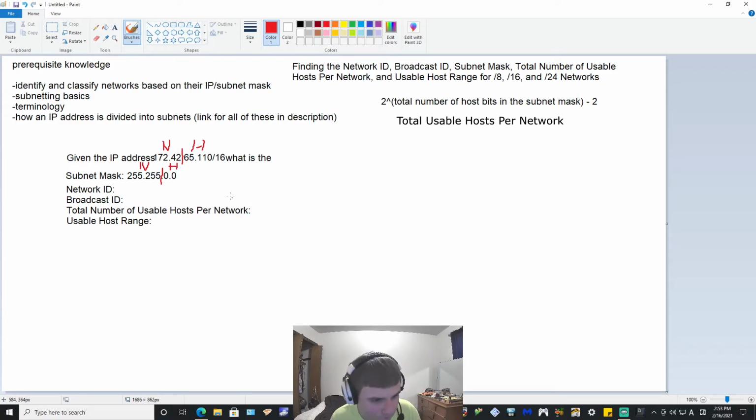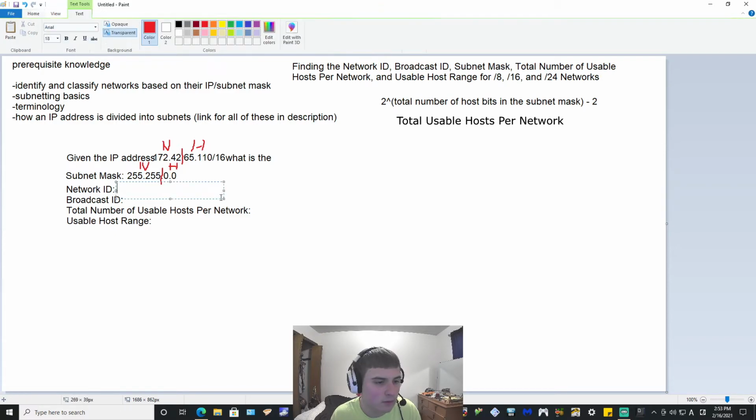So now in the subnet mask, notice that our numbers have changed. The 172.42, those two numbers are going to stay the same in our network ID because it's 255, right? So we're going to do 172.42.